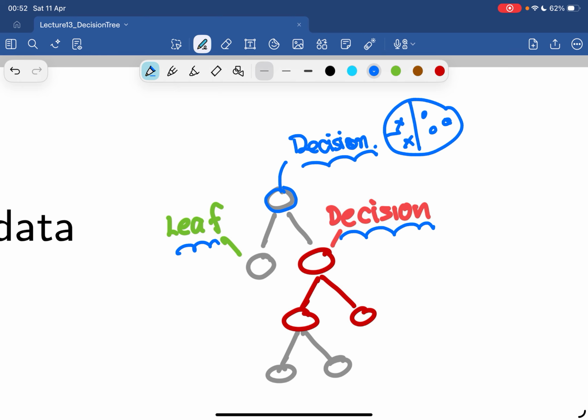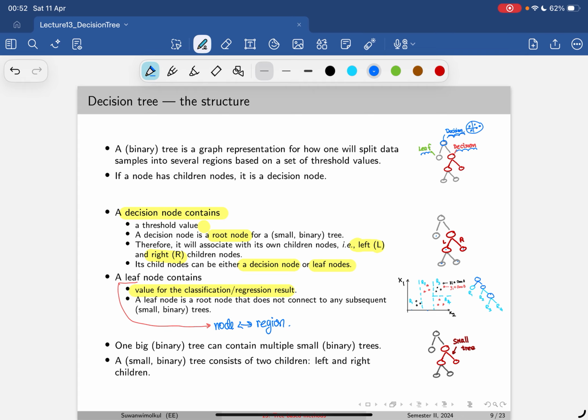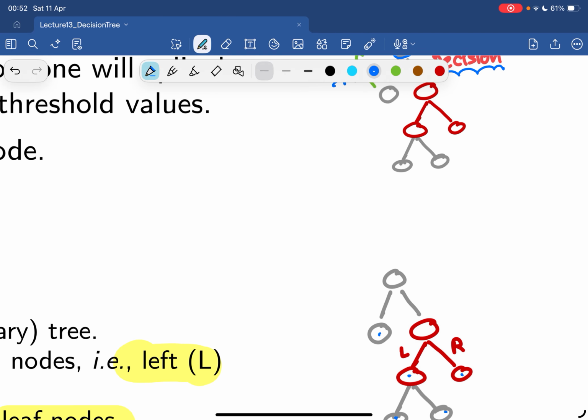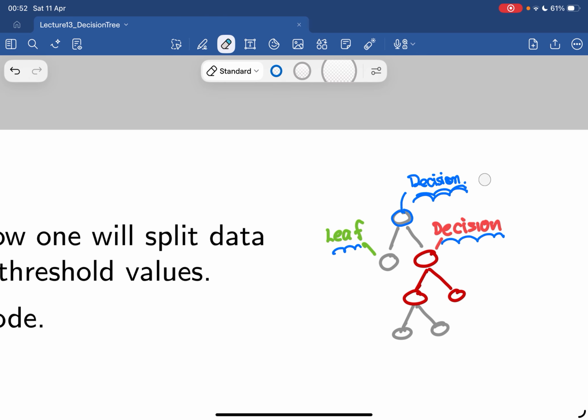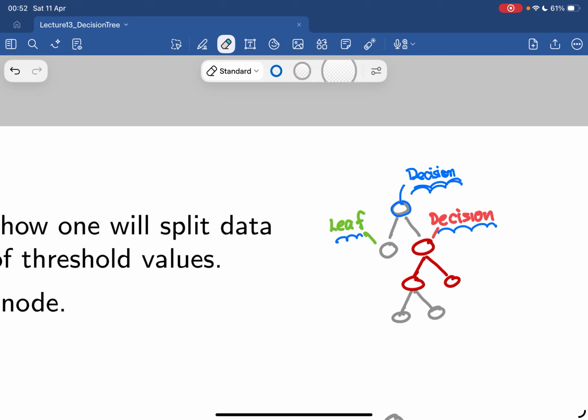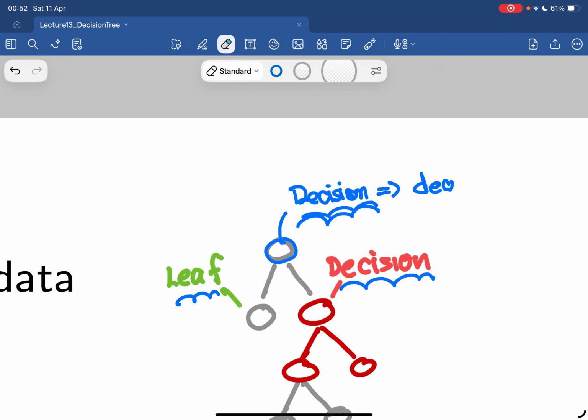How to partition the region. And that will be the decision node. So a node in the decision tree is more like a stage of the operation. If it is called a decision node, it usually refers to the time where you want to apply some decision to divide the regions, okay? To divide, sorry.